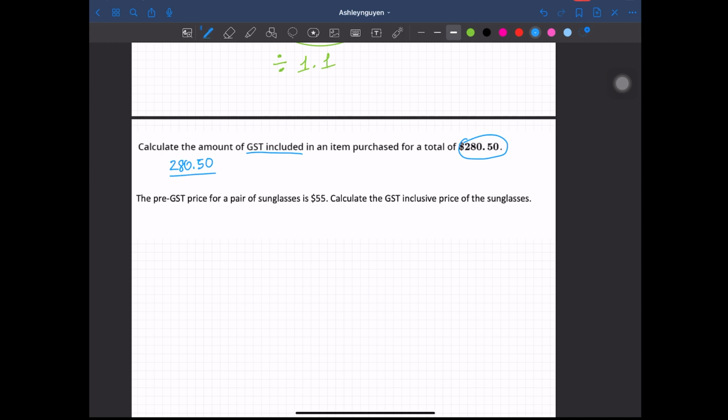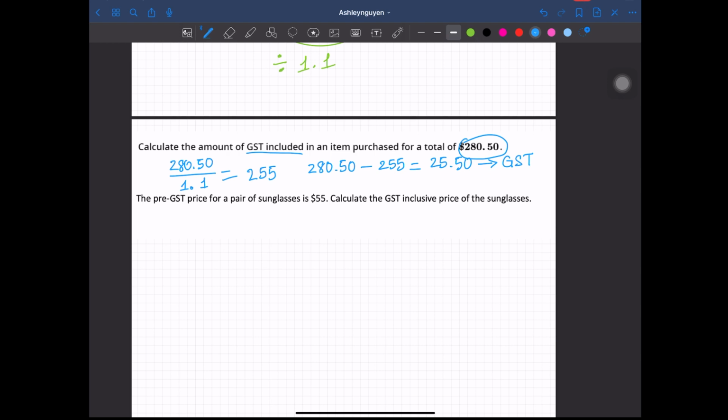You divide by 1.1. You have the price without GST, $255. And now you have the price with GST included, you take away the original price. You would have the GST, $25.50. So that is your GST.